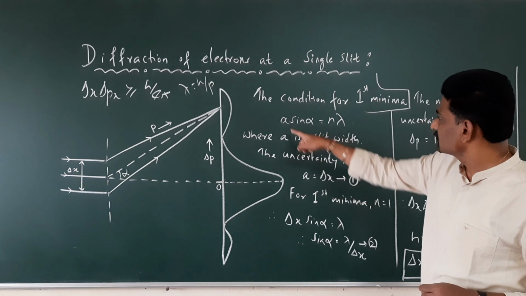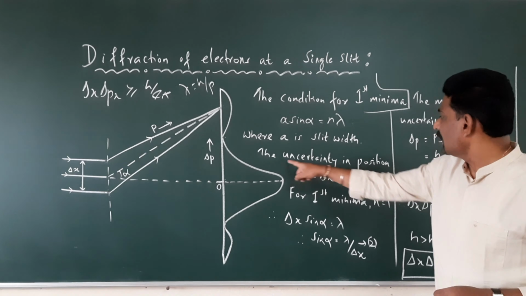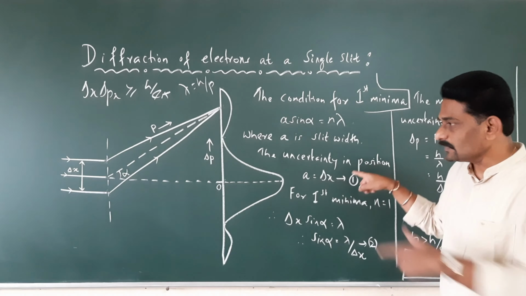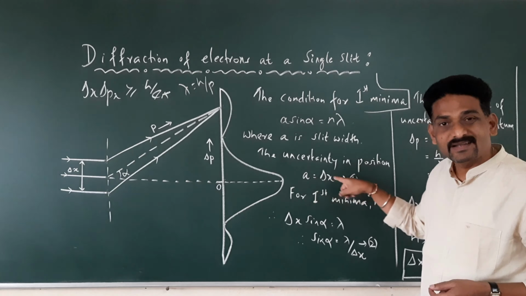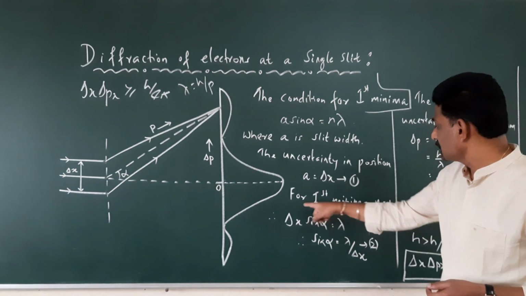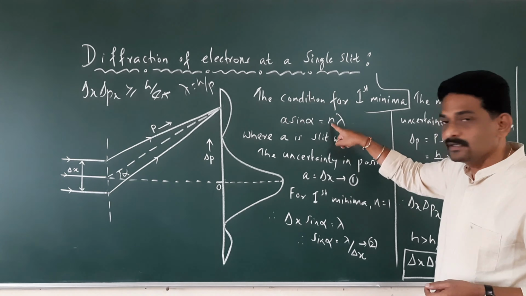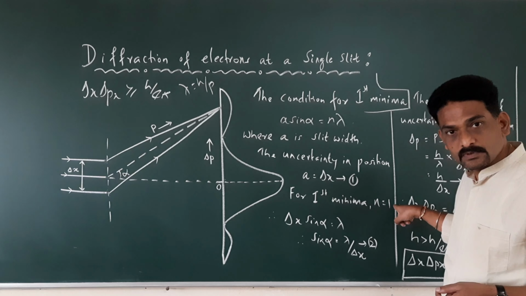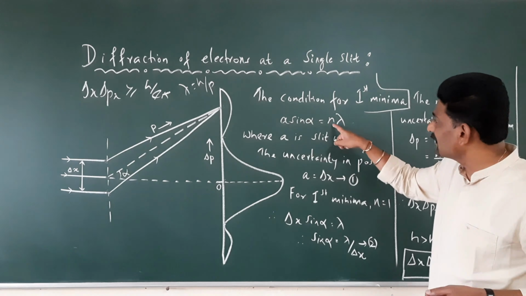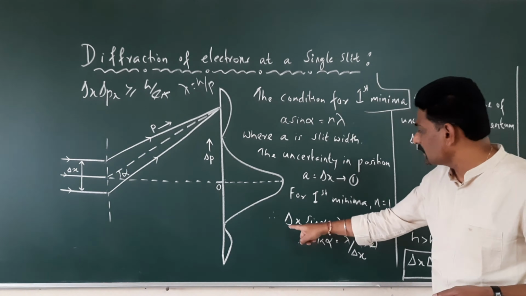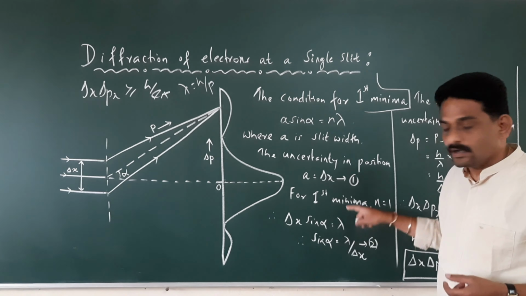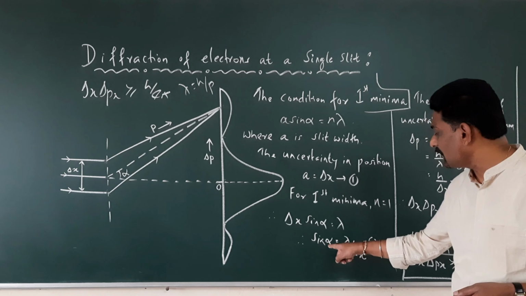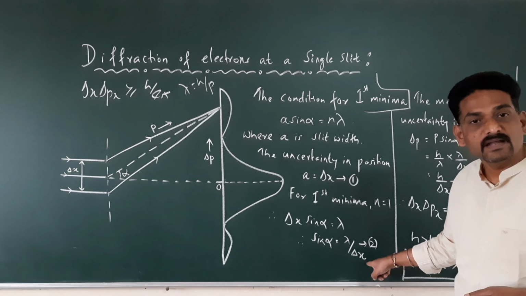So if you substitute the values of A and n here, uncertainty in the position, that is A, is delta x, and for the first minima n is 1. We get delta x into sin alpha equals lambda. In other words, from this we can say sin alpha equals lambda divided by delta x.